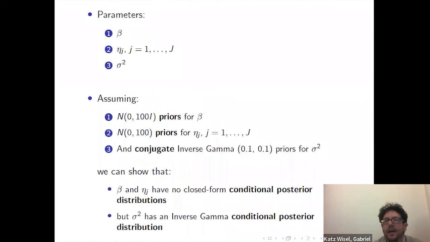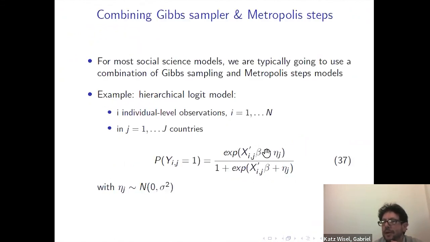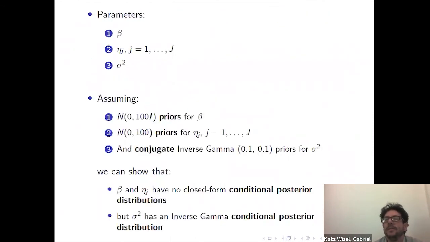And doing computations, you can see that the regression coefficients, the betas, have no closed form. The random effects' posterior distribution also has no closed form. However, sigma square, the variance of the country random effects, does have a closed form, an inverse gamma posterior distribution.